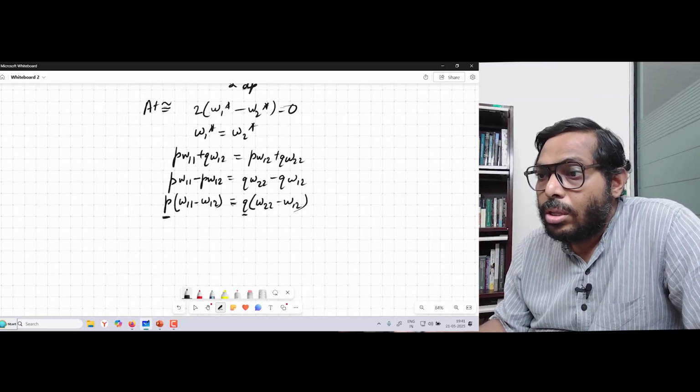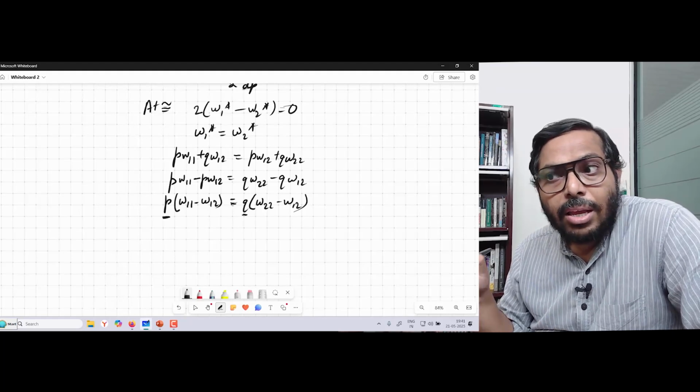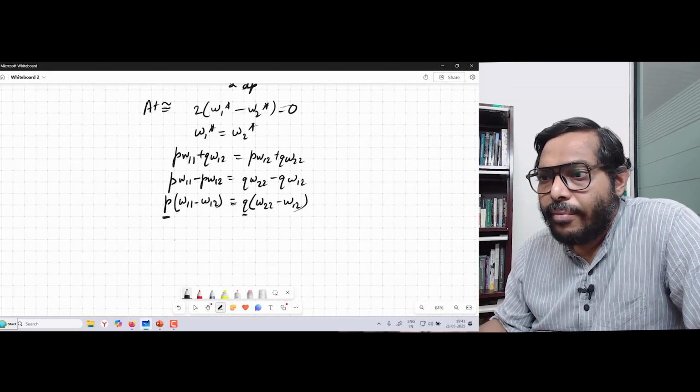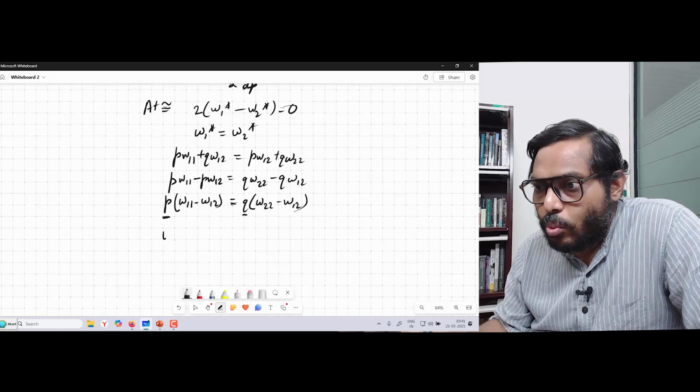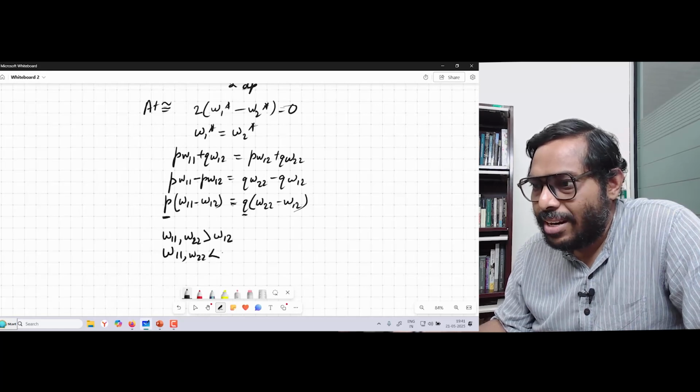So, this relationship in terms of its sign can be true if and only if W11 and W22 either both of them are greater than W12, or W11 and W22 both of them are less than W12.